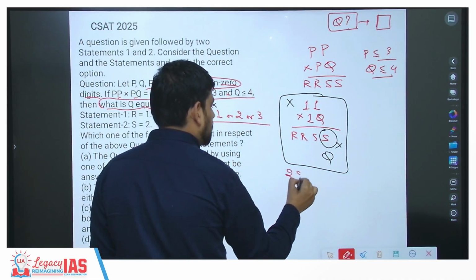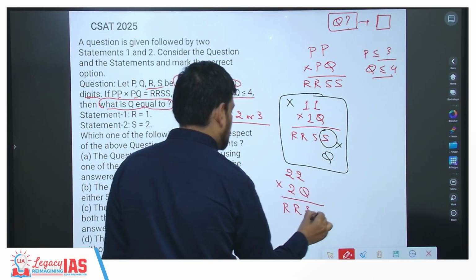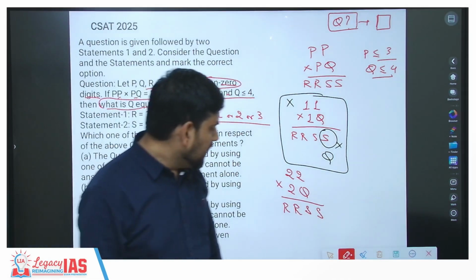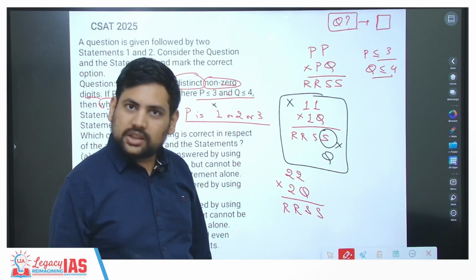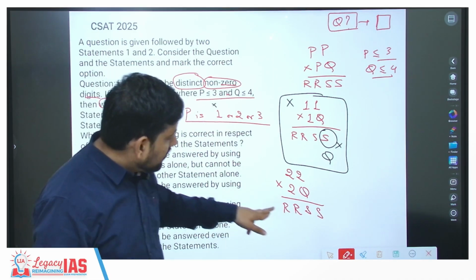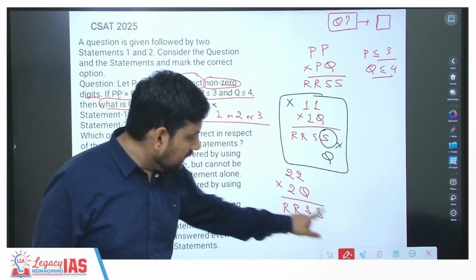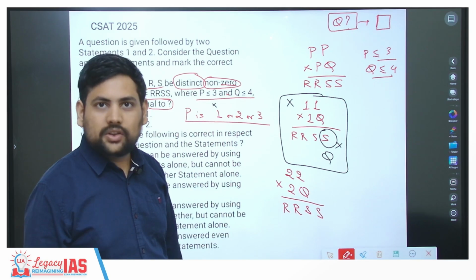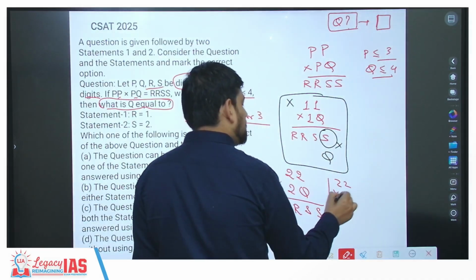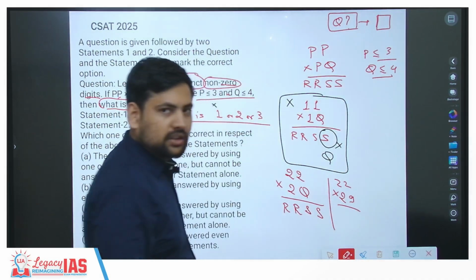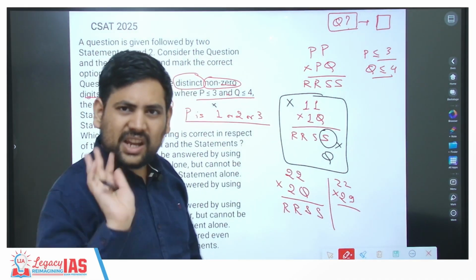Now let's try case 2. So case 2 is 22 into 2Q is equal to RRSS. Now see, all four of them are distinct non-zero, that means none of them is 0. Now can you multiply anything with 22 that starts with 2 that gets a 4-digit number? Though it is not in the range, let me take the biggest one possible: 22 into 29. 22 into 29 is the biggest that you can get to, though Q has to be less than 4, I am just taking it.